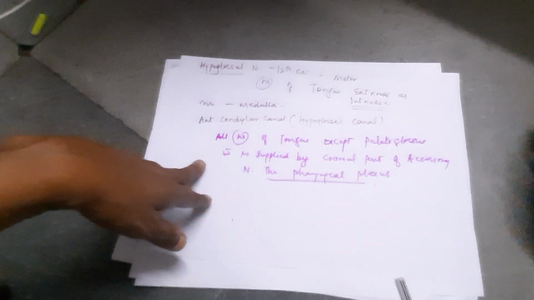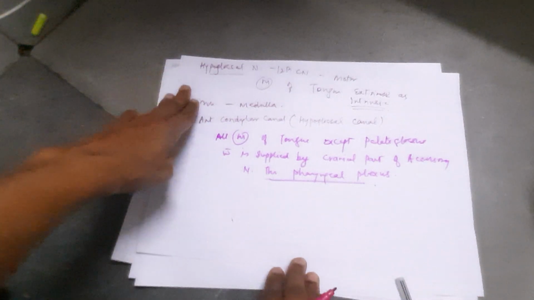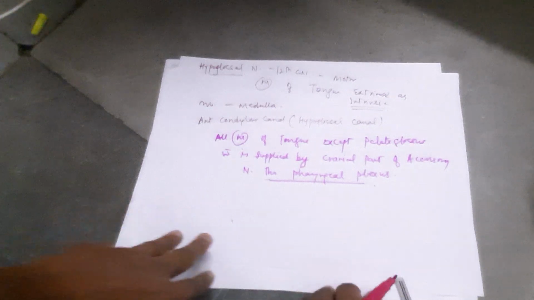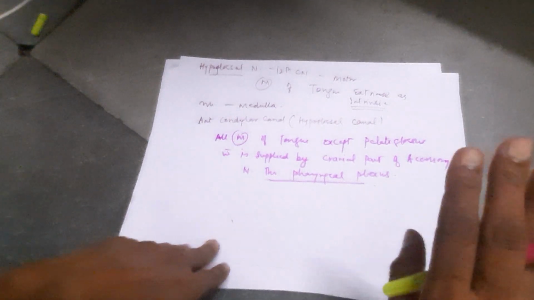All muscles of the tongue are supplied by the hypoglossal nerve except palatoglossus, which is supplied by cranial part of accessory nerve through pharyngeal plexus.